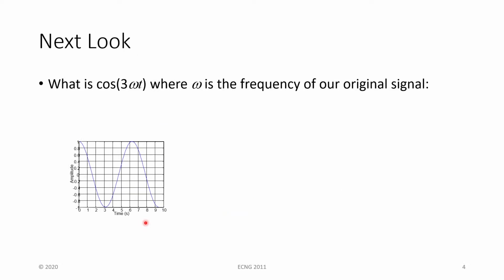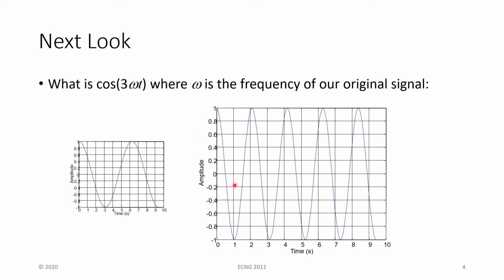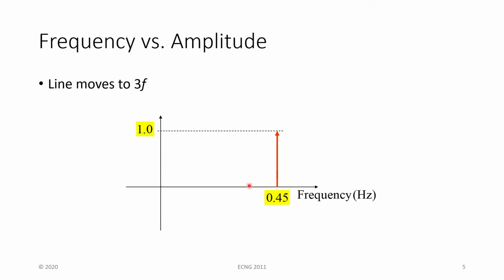So if we have cos 3 omega t, where omega was the frequency of the original signal, we can see that the signal just speeds up by about 3 times because of this multiplicative factor. When we transfer this to a signal amplitude versus frequency graph, it means that we have the same amplitude, but the frequency just multiplies by 3, and we shift the frequency from 0.15 Hz, which was the original frequency, to 0.45 Hz because of this multiplicative factor here being 3f.